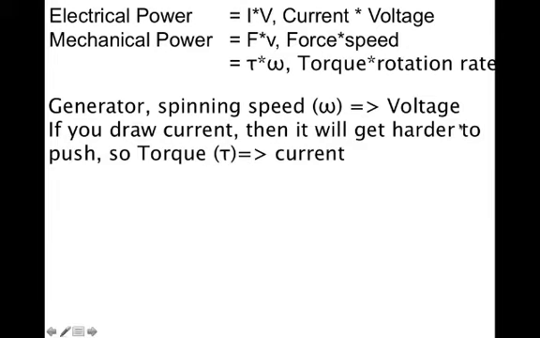Because if you draw no current, there's no electrical power. And if you draw no current, then the handle will rotate freely in your hand. However, if you choose to draw current, the more current you draw, the harder it will be to turn the generator.